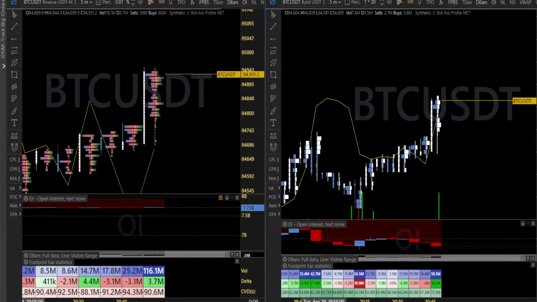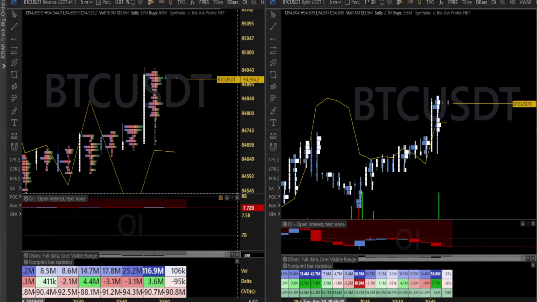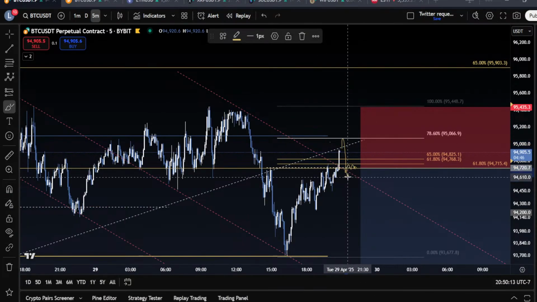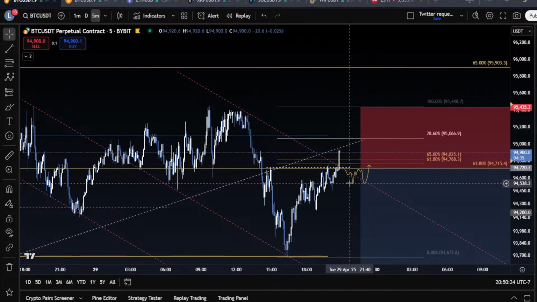Probably make a decision here. If there's not a quick rejection off of this region above on the impulse, if we get something like this, I could look to take a break even or slight win, slight loss, whatever it ends up being.